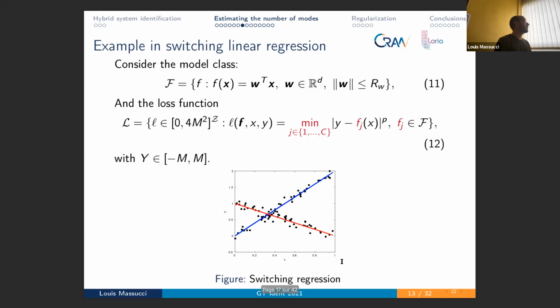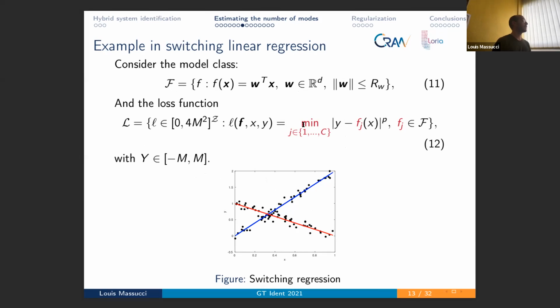We can do the same in switching linear regression. So we consider the same model class because it's still linear models. And the main difference is located in the loss function, because here you can see this term.